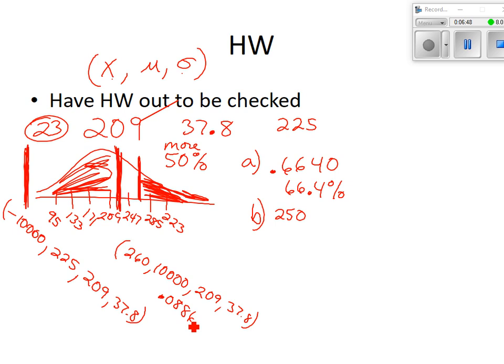We don't want that number, that's the percent. They want out of 250, so we take 250 times that 0.0886, and you get about 22. So about 22 out of the 250 would have cholesterol level higher than 260.